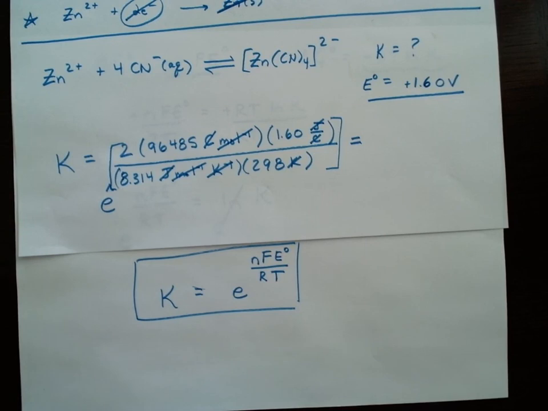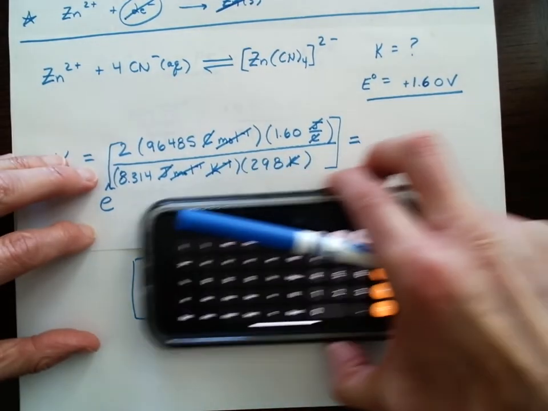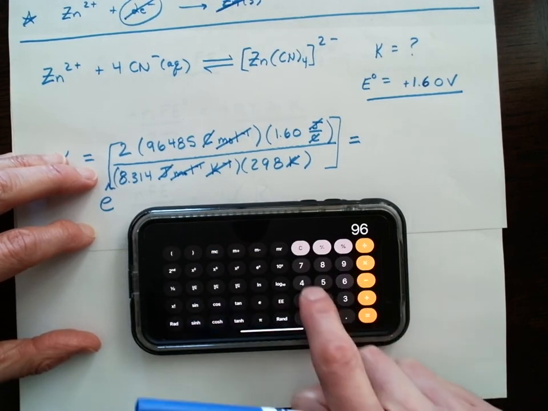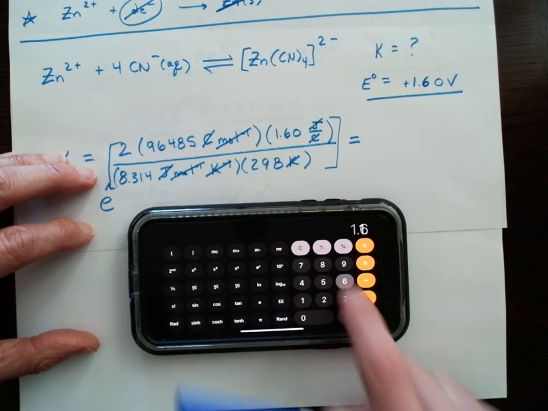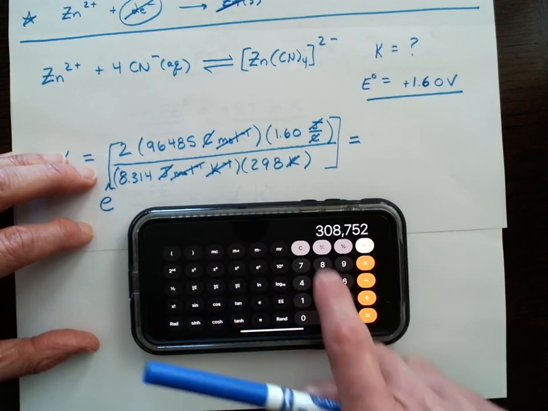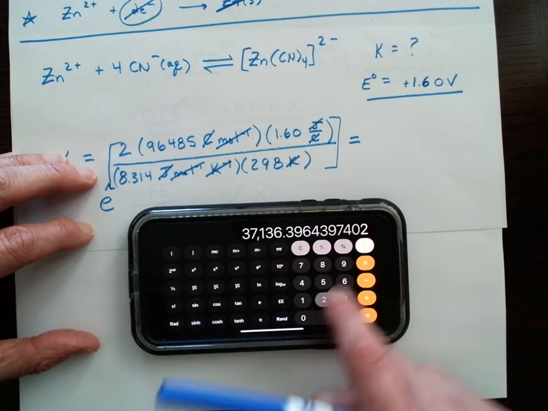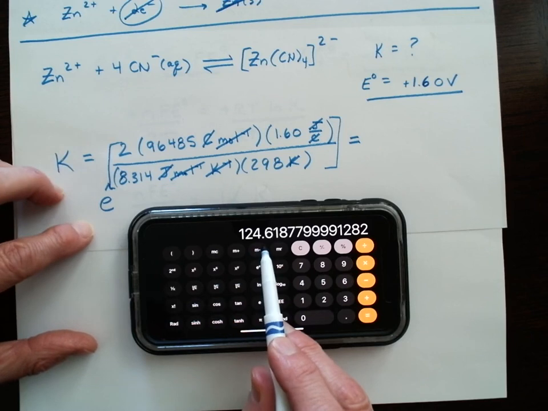All right, let's add all this up and see what we got. 2 times 96,485 times 1.6 divided by 8.314 divided by 298. So I get 124.6.